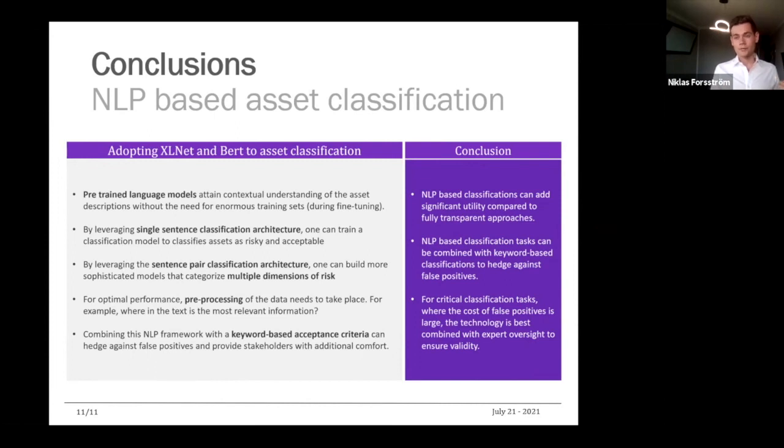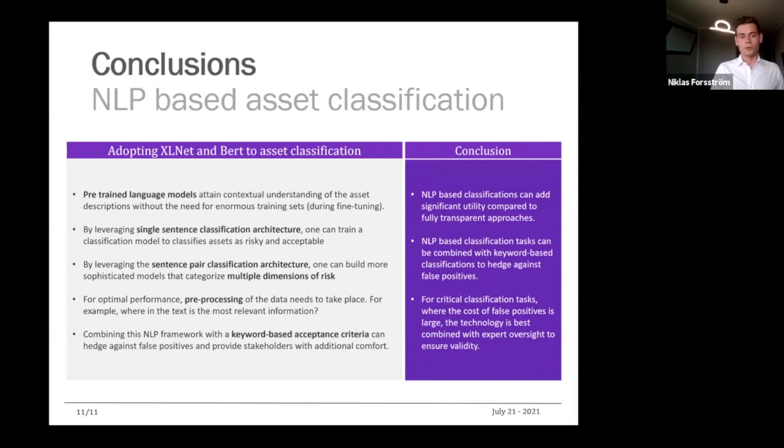And we can get even more intricate by leveraging the sentence pair classification architecture to build more sophisticated models that categorize multiple dimensions of risk. That would be, for example, unlisted company exposure and then exposures to certain countries, as we previously discussed.